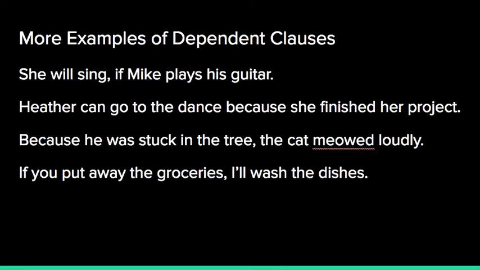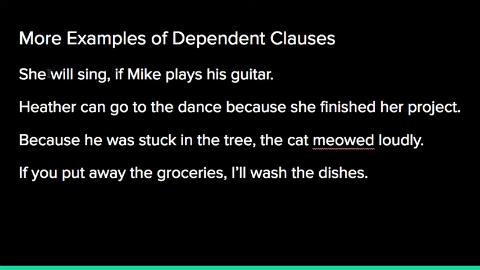So here's some more examples of dependent clauses. And what I did here is took them and tied them to an independent clause. So right here we have she will sing if Mike plays his guitar. So here's our subordinating conjunction, if. So that tells us if Mike plays his guitar is a dependent clause.